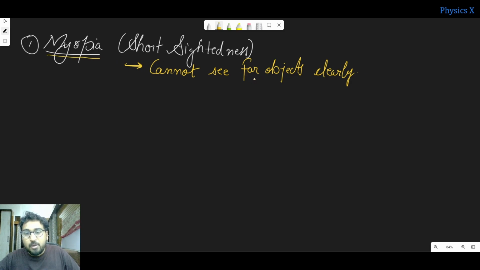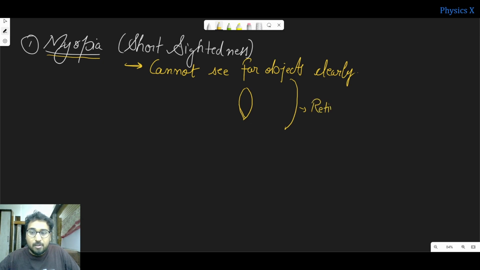Suppose this is the lens of a person's eye suffering from myopia. The far point of a normal eye is infinity, that is, the person can see clearly up to a far distance under normal conditions.